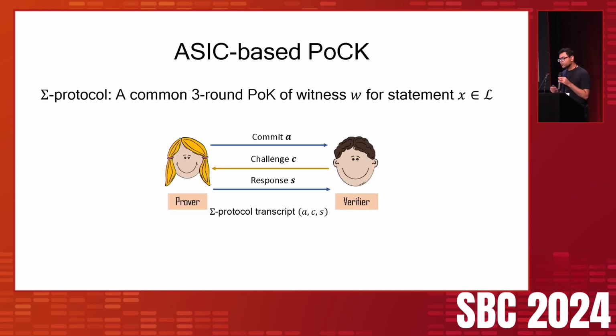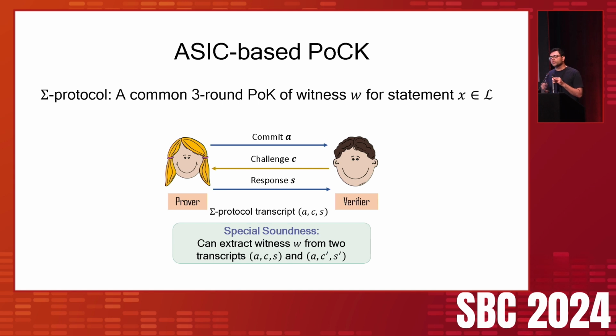The first round is a message from Alice, the prover, to the verifier, which is a commitment A. Then there's a challenge C from the verifier to the prover. And finally, there's a response S from the prover back. That's the general structure of a three-round Sigma protocol, and the Sigma protocol transcript, which will be important for our protocol as well, is just the tuple A, C, S.